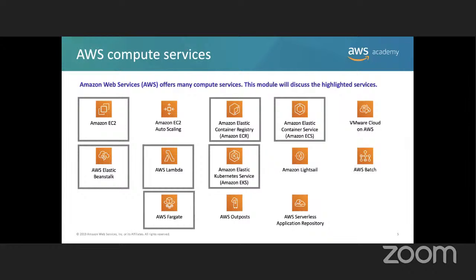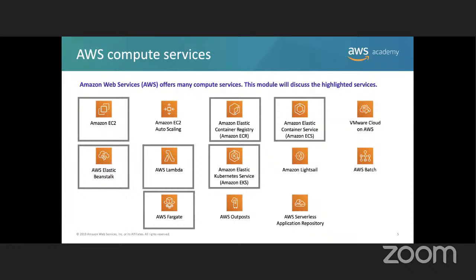We have Elastic Container Registry, and ECR is what you use to register, save, or store the images of containers. That's why it's called ECR, Elastic Container Registry. ECS is the Elastic Container Service.